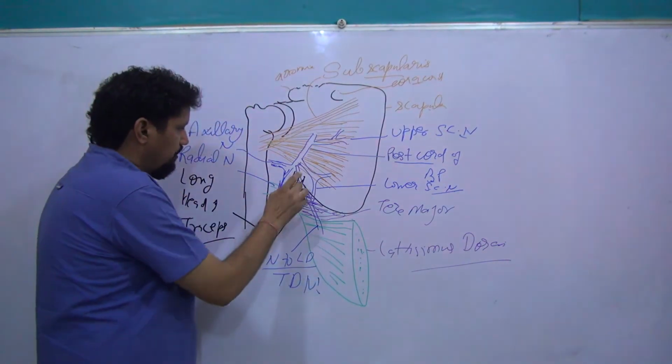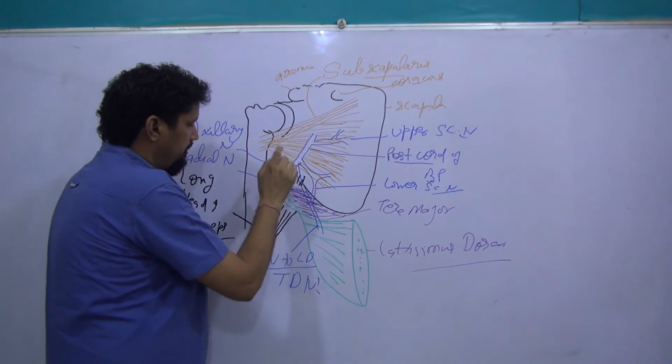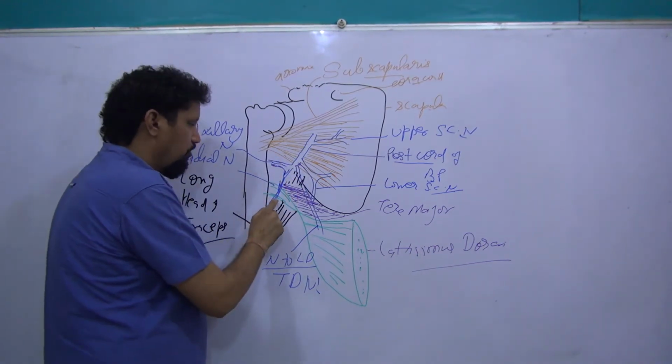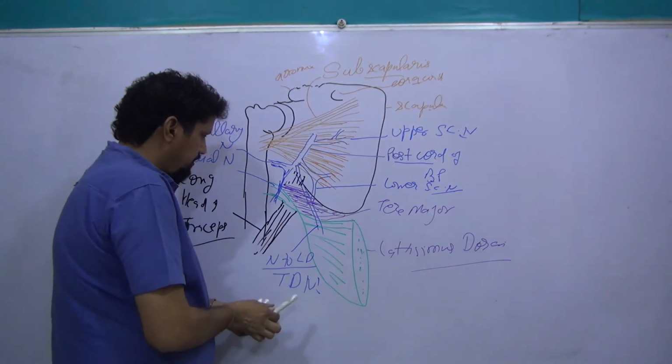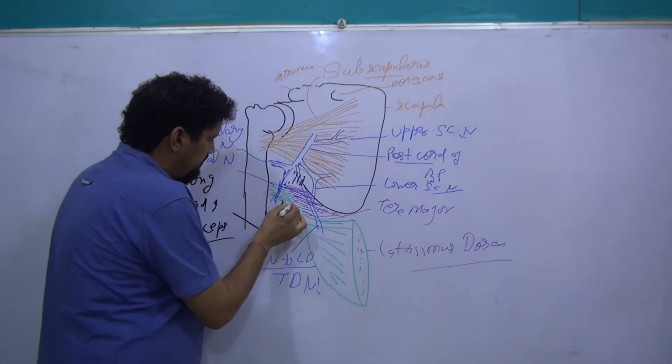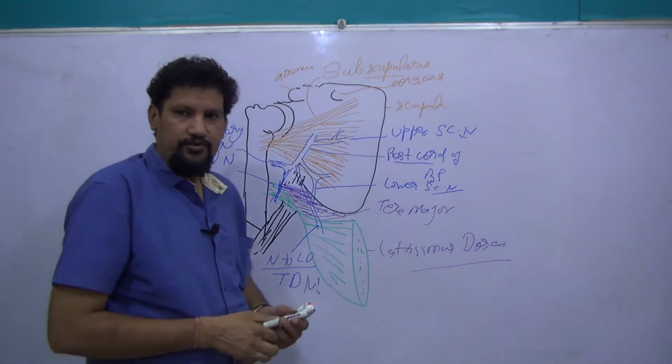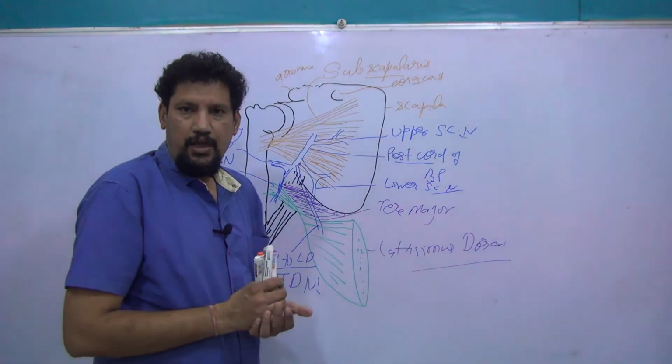This space is known as the upper triangular, the quadrangular space is here, and this is the lower triangular space. So these are some spaces which can be seen in the posterior relation of the axilla.